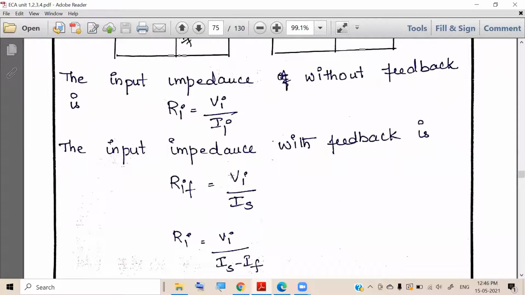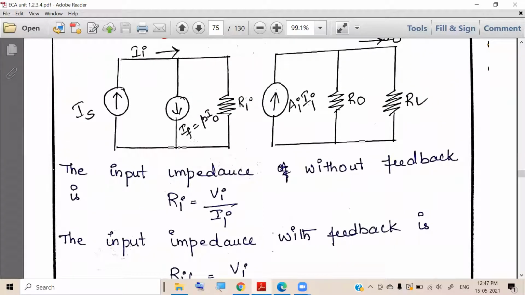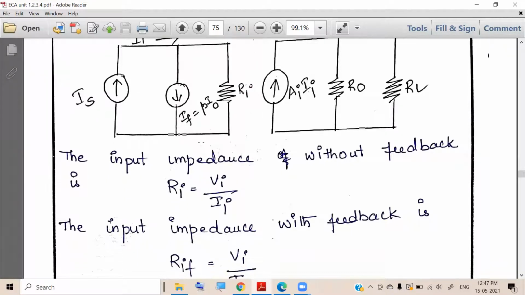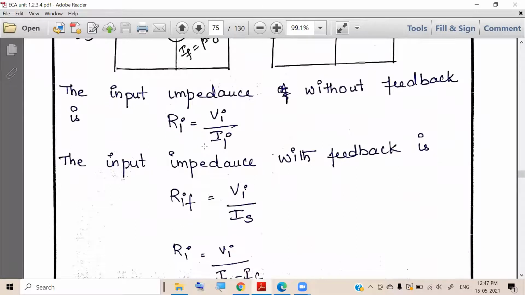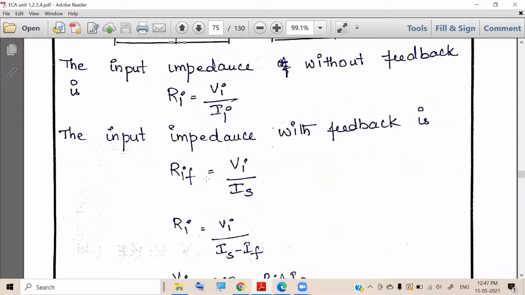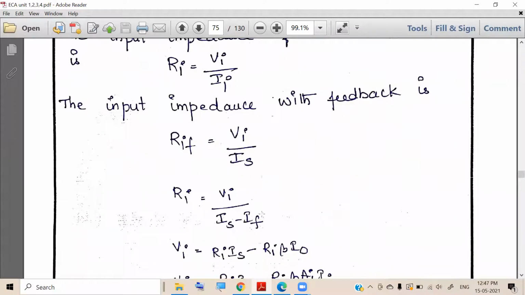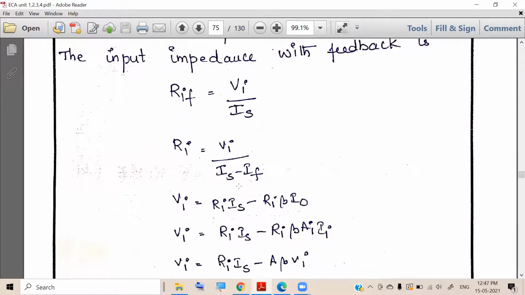Next, Ii is nothing but Is minus If. Current flowing through Ri is nothing but Is minus If, the same old relation like in the previous case.